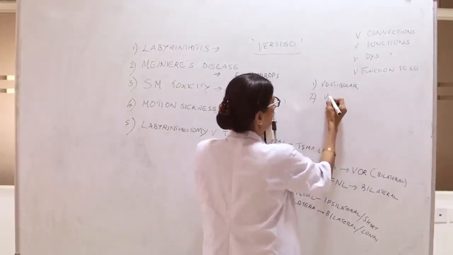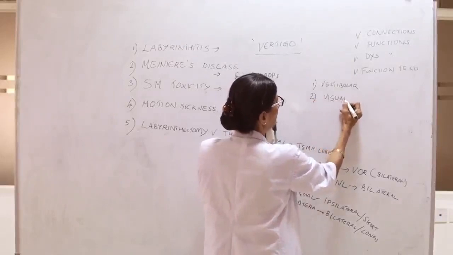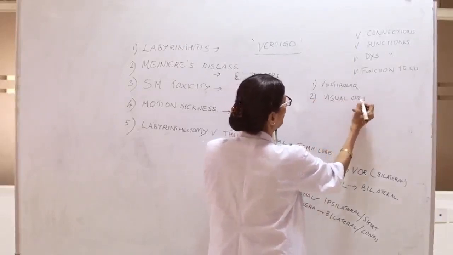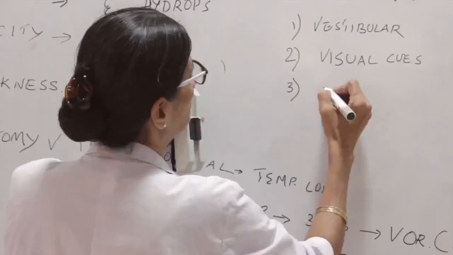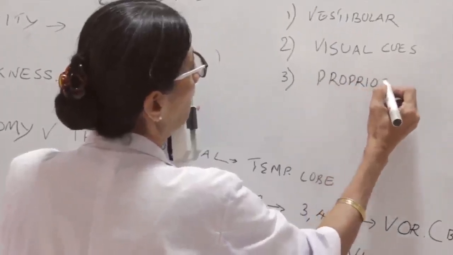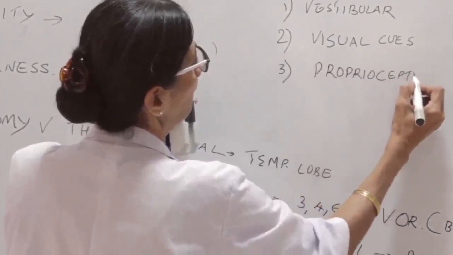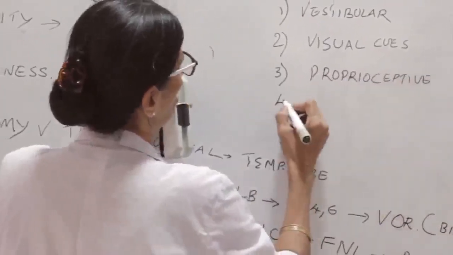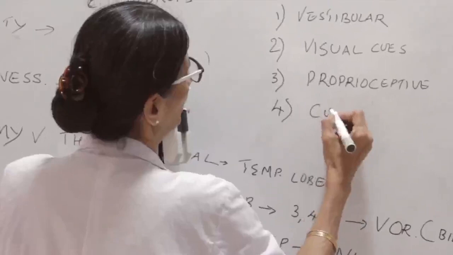Then we have the visual cues which help the person to maintain the equilibrium. Then we have the proprioceptive impulses. And finally the cutaneous.